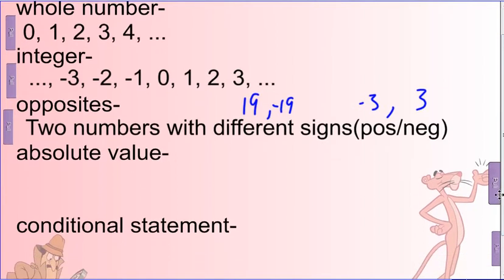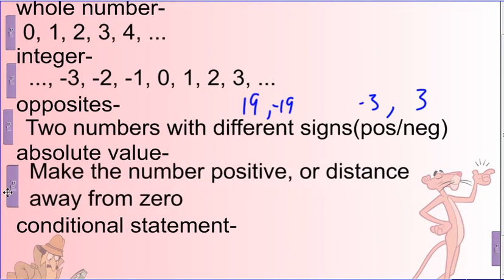Absolute value has kind of two definitions. The first definition I have here, make the number positive, that's like the elementary school definition. That's the way most people remember it, but it's not the actual technical definition.